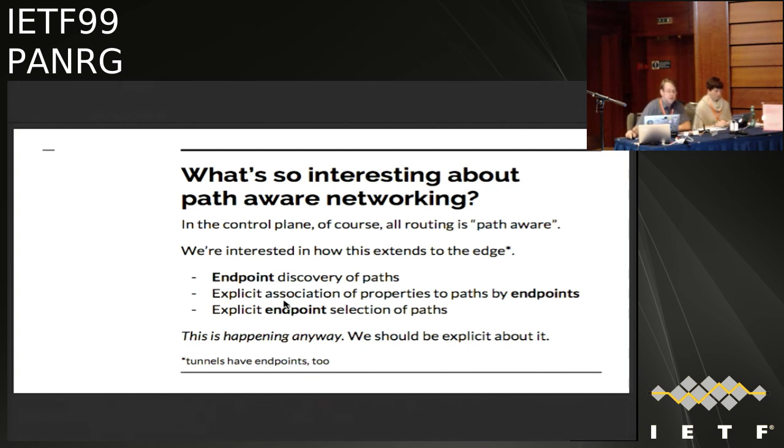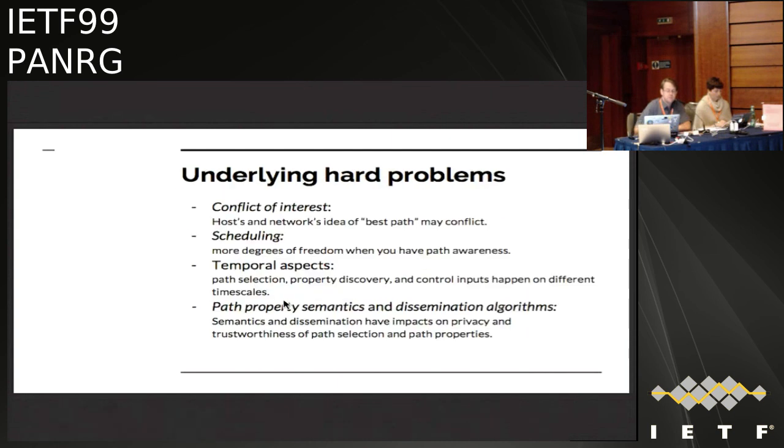There are a bunch of underlying hard problems here. At any point in time that you have a bunch of hosts connected to a bunch of networks, the host's idea of the best path and the network's idea of the best path might conflict. So we're not saying, okay, we're going to build these overlays and suddenly BGP goes away.